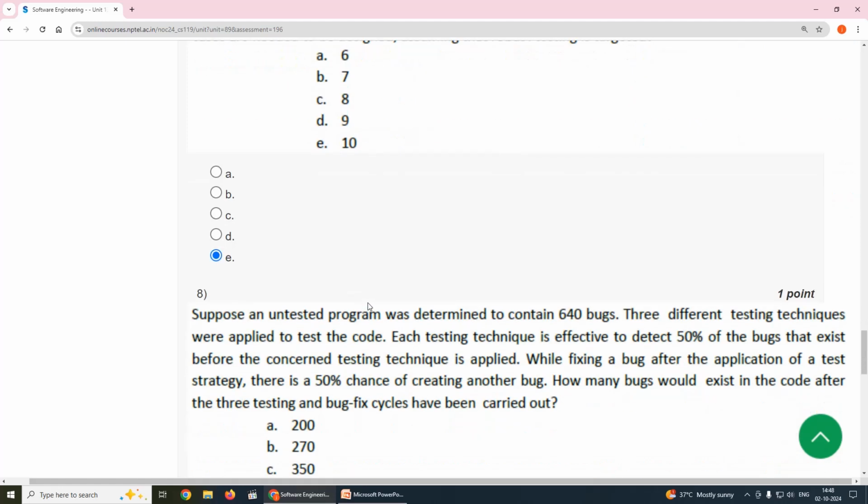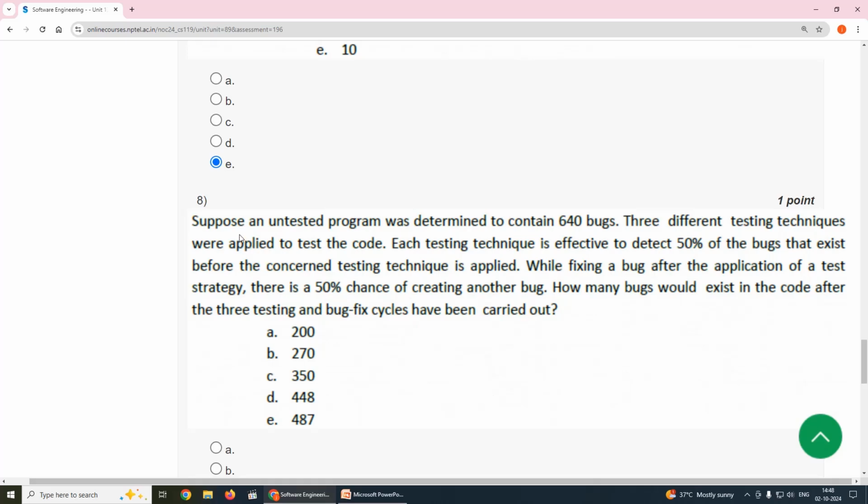10. Eighth one, suppose an untested program was determined to contain 640 bugs. 3 different testing techniques were applied to test the code. Each testing technique is effective to detect 50% of the bugs that exist before the concerned testing technique is applied.